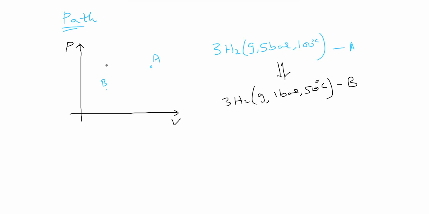One path could be a constant pressure path initially. Like, initially pressure is kept constant and volume is reduced. Assume these are straight.